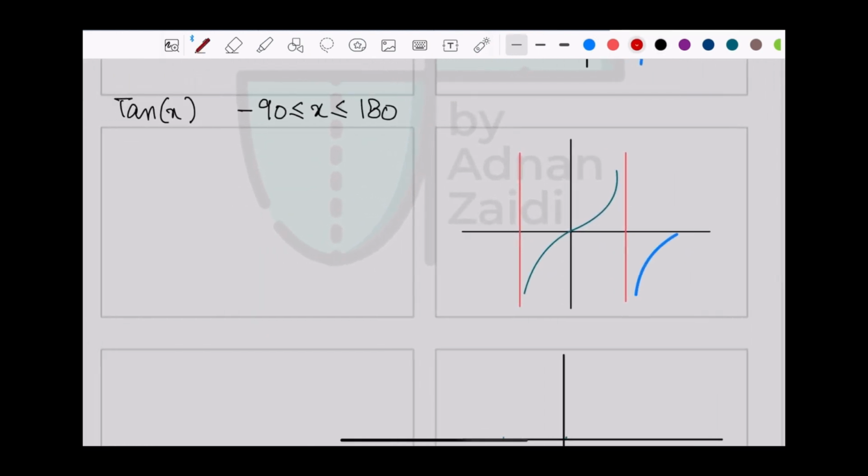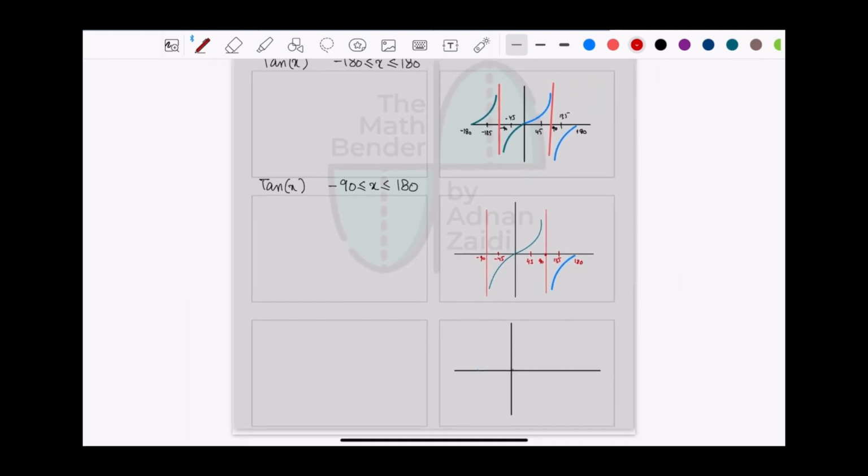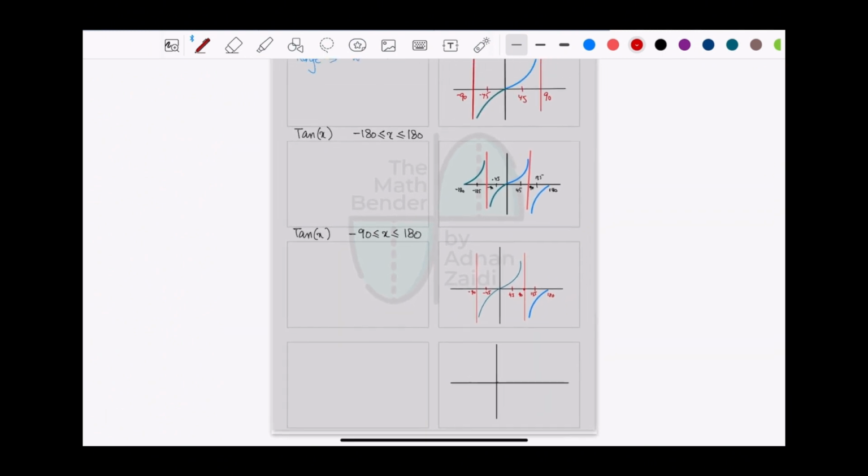Now, this here is 45 degrees, this here is 90 degrees, 135, this is 180, negative 45 and negative 90. This is for the domain negative 90 to 180.